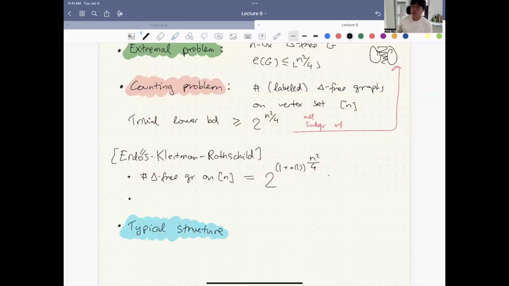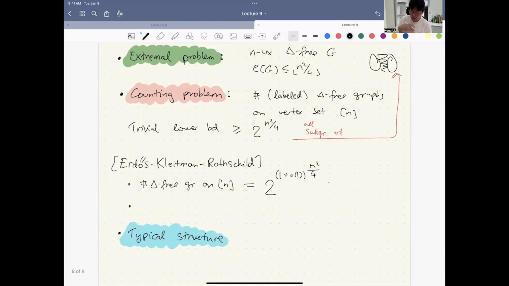Let me explain through an example. Erdős, Kleitman, and Rothschild not only proved the upper bound on the number of triangle-free graphs, 2 to the (1 plus little o of 1) n squared over 4, they also proved that typically a triangle-free graph is bipartite.